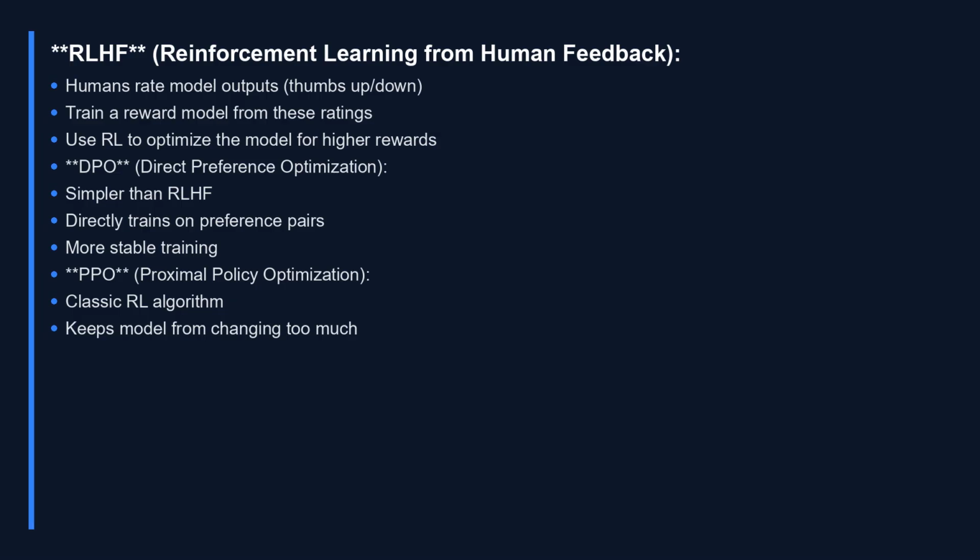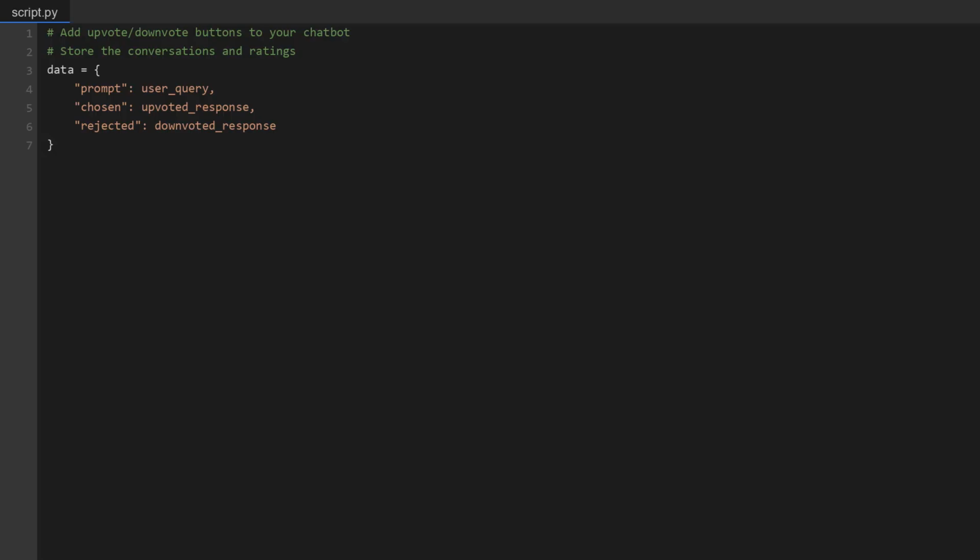It skips the reward model entirely and trains directly on preference pairs, which makes it more stable and much easier to run. PPO, proximal policy optimization, is the classic RL algorithm used inside RLHF. Its key property is that it constrains how much the model can change in a single update, preventing catastrophic shifts in behavior.